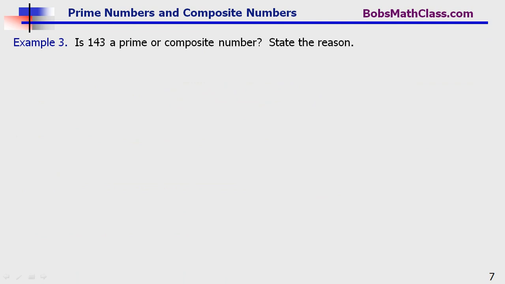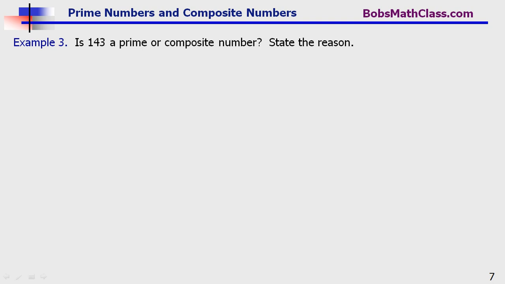Is 143 a prime or composite number? So this time it's just one number to try. Okay, let's start with the number 2. Does 2 go into it? No. 3? 1 plus 4 plus 3, that's 8. No, 3 is not going into 8. 5?